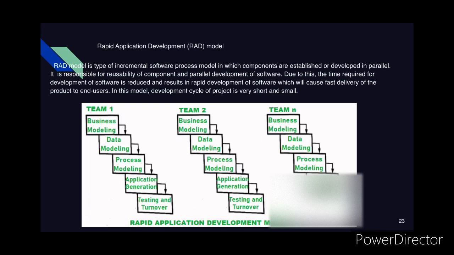Then it is deployed to the customer and feedback is gained from the customer. After all this is done by different teams, team 1 will finish testing and turnover, team 2 will finish testing and turnover, similarly till team N, and after that, all the modules prepared by different teams are integrated and whole system testing is also done. Then the final product is deployed to the customer or the organization.